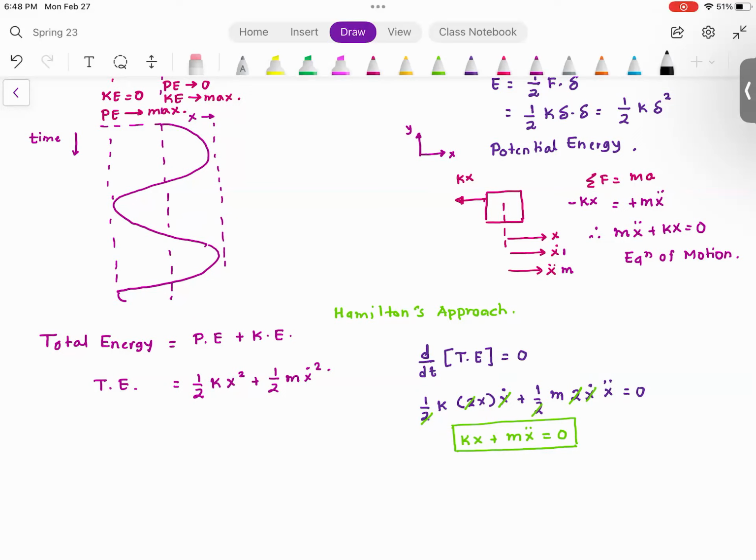Once you know the forward kinematics, you can find out the velocities, the kinetic energies, and the potential energies. Once you have the kinetic energy and the potential energy, the Lagrangian is nothing but kinetic energy minus potential energy.